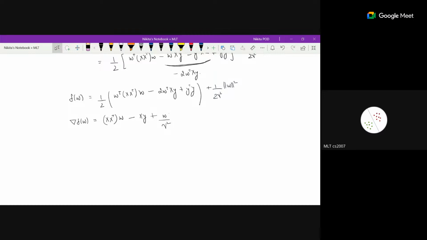Now we equate it to 0. So if we equate it to 0, what do we get? XX transpose W plus W by gamma square is equal to XY, right?